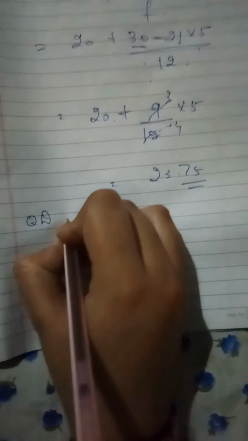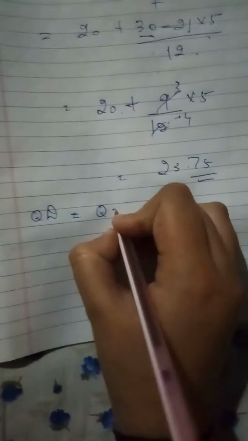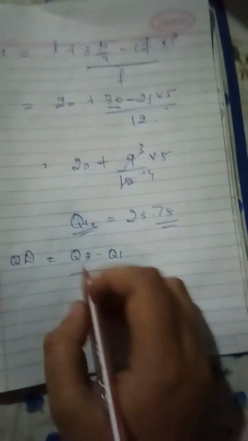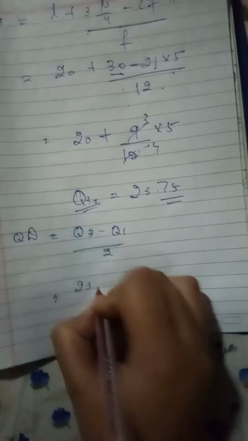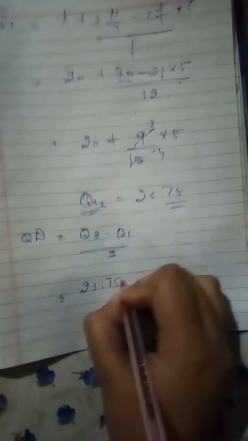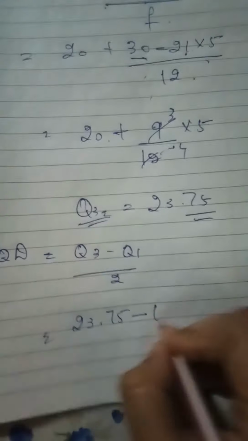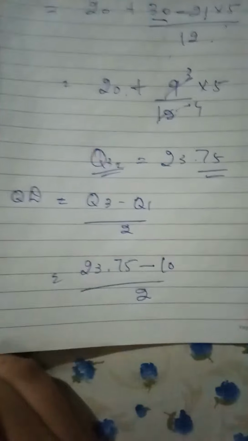Okay, then the next step we have to find the quartile deviation. So what is the quartile deviation? Q3 minus Q1 upon 2. So what do we have there? Here we have our Q3 as 23.75, and here we put that value: 23.75 minus Q1, which we found as 10, upon 2.